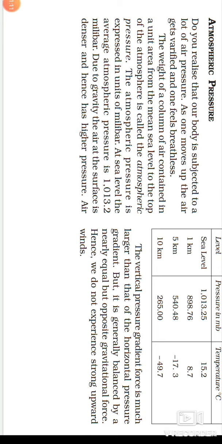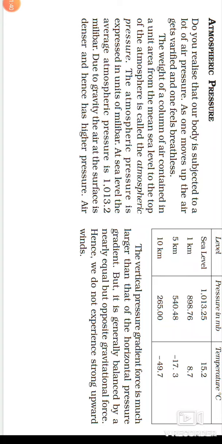The weight of a column of air contained in a unit area from the mean sea level to the top of the atmosphere is called atmospheric pressure, which is measured in millibar, and at the sea level the average atmospheric pressure is 1013.2 millibar. And as we know, as we move up, the temperature decreases.